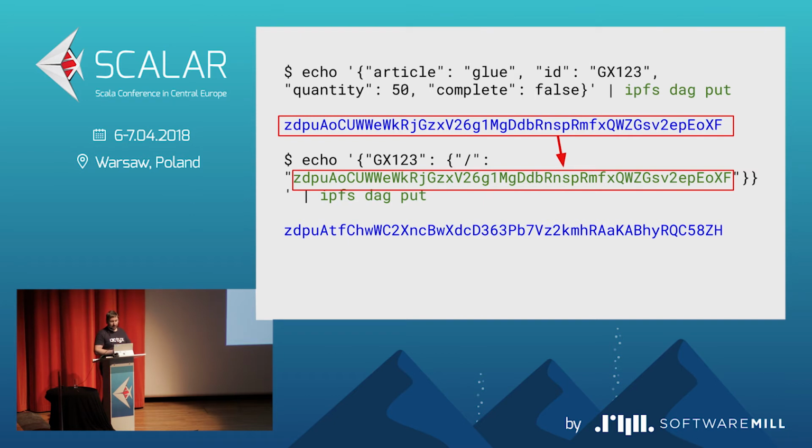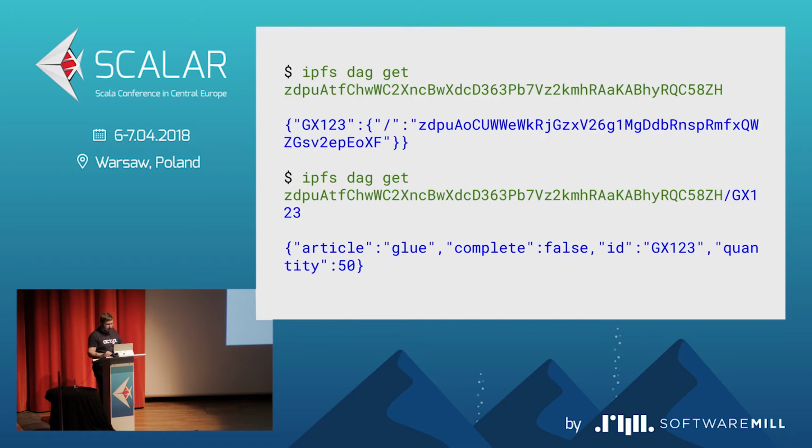And that's it. So basically, you can model this as a table of hash to JSON. And the JSON will either be just plain JSON, or something containing a slash. And if it has a slash, then it has a special meaning. So I can say IPFS dag get this hash, and then I just get the object, or I can say /gx123, and then I'll get the other JSON back.